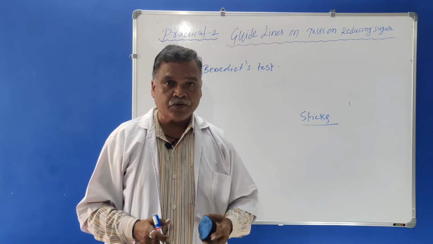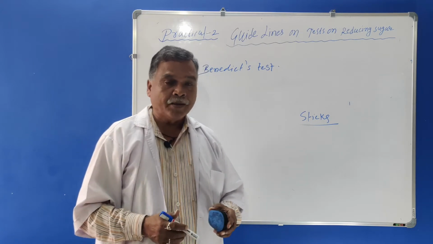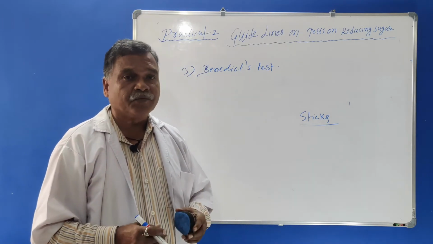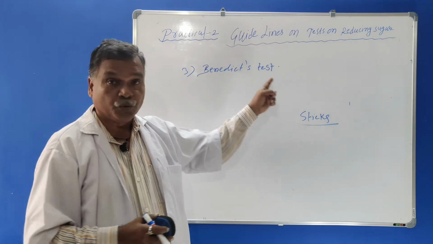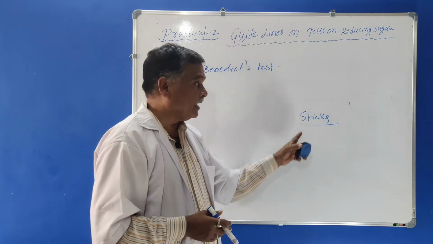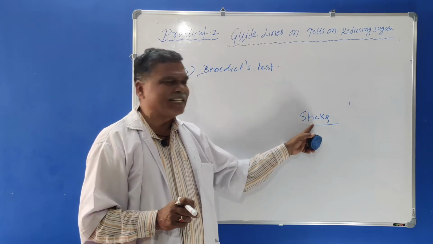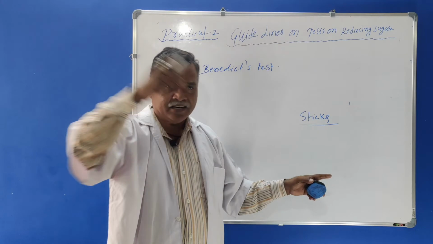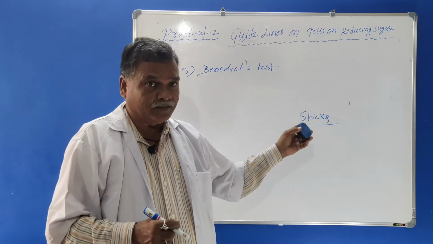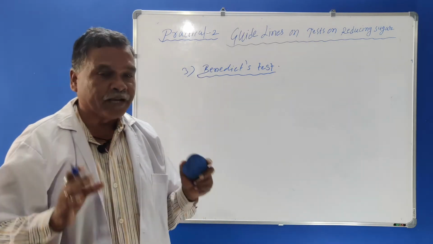But it becomes difficult for them to prepare the solution. Therefore they use a ready-made kit, a brown bottle containing many sticks, and one stick is taken to do the test. So you will see how the Benedict test is performed in the laboratory.